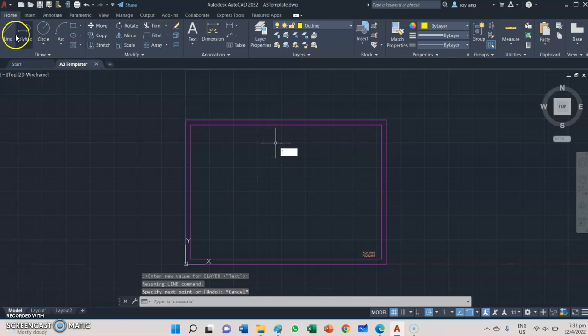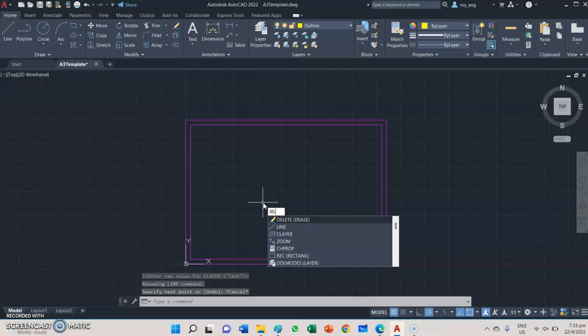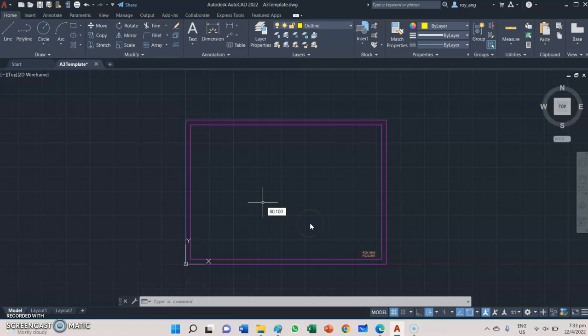Let's redo that again. Line command, 80, 100. Then I click enter, and that's the first starting point.